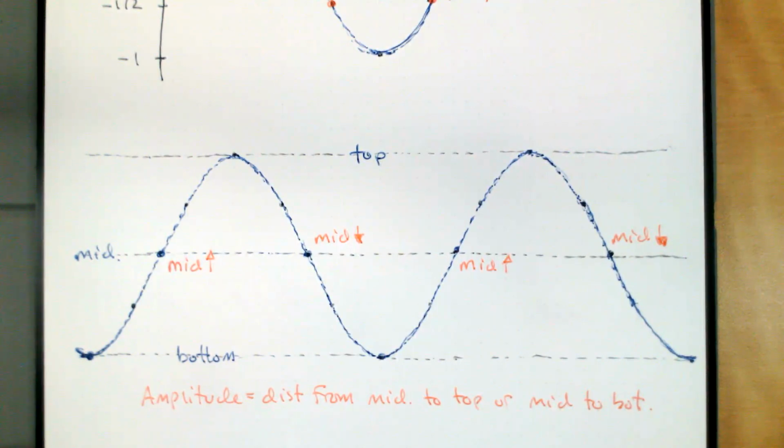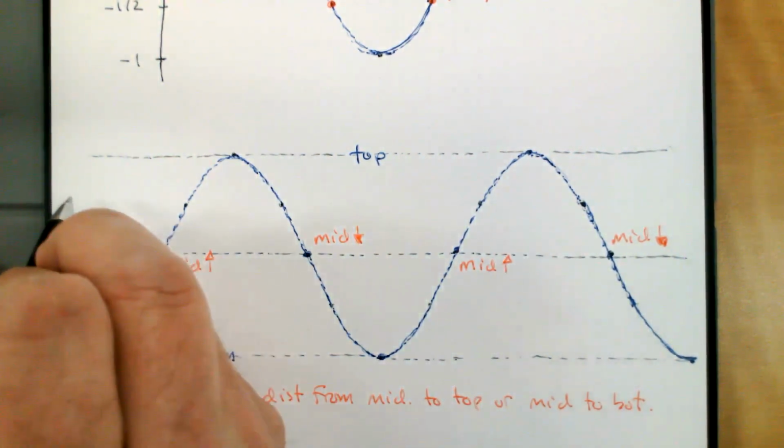The amplitude is going to be the distance from the middle to the top or the middle to the bottom, because those are going to be the same distance. That's going to be the amplitude.